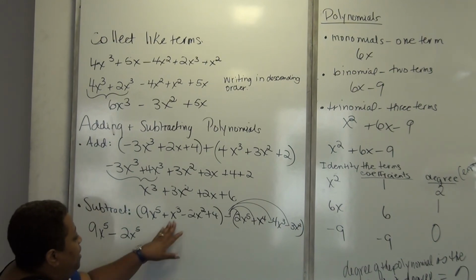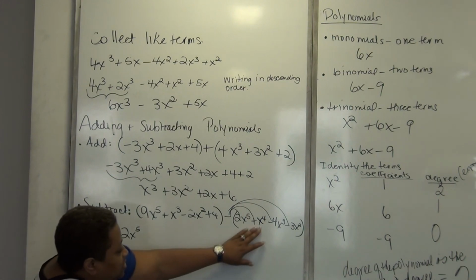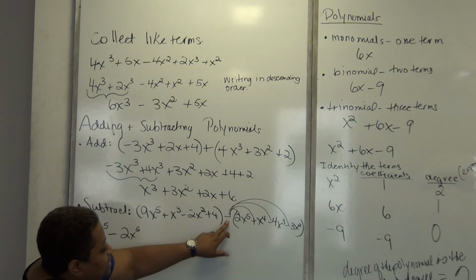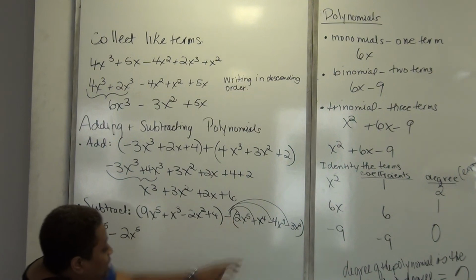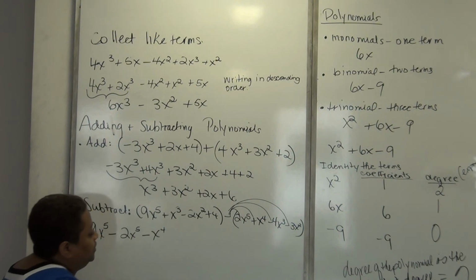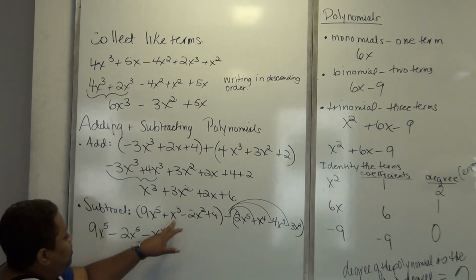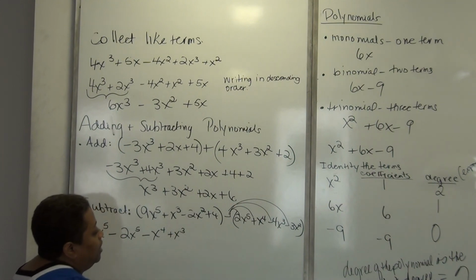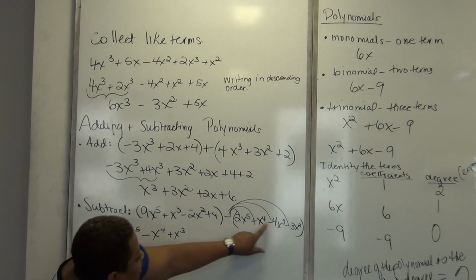Okay, now we have an x to the 4th here, but we don't have one here. But we also have this minus sign. Minus times positive is minus x to the 4th. Then we have our x to the 3rd. We got x to the third over here.